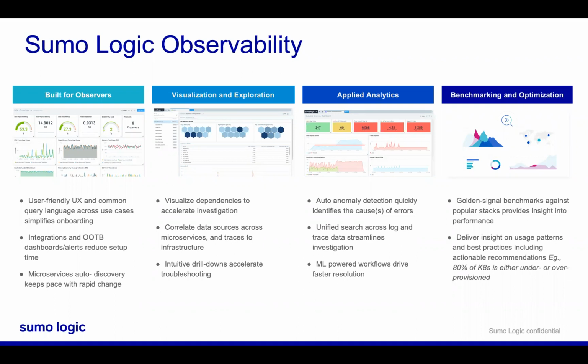Then the last part is benchmarking and optimization. With our large set of customers, we give you an environment where you can compare based on what people are doing globally, especially in the Kubernetes environment, and how deployments are happening across the world, and where you stand. Those kinds of benchmarking features and dashboards are available, and you can compare and see whether you are doing the right things or not.